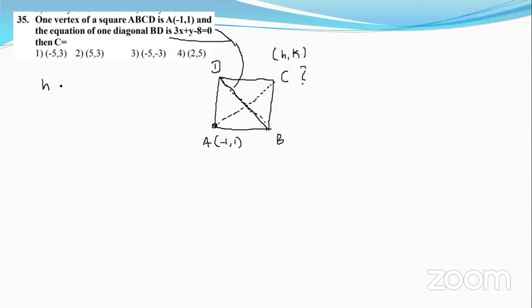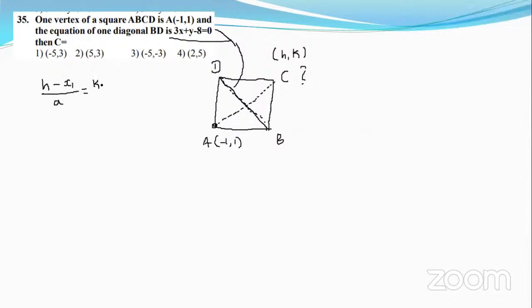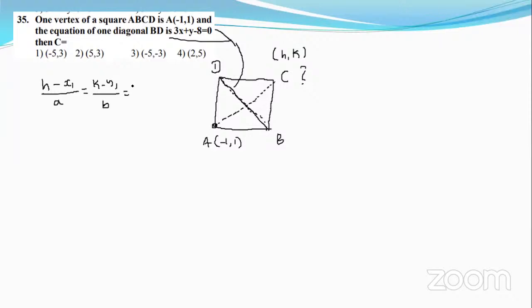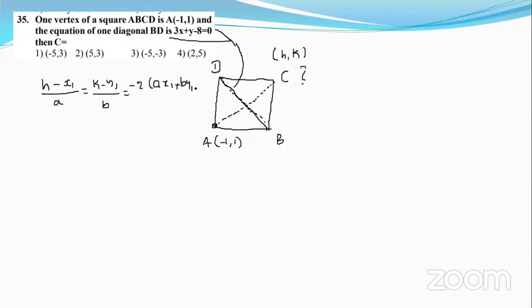That is (h minus x1) over a is equal to (k minus y1) over b, equals negative 2 times (a x1 plus b y1 plus c) by a square plus b square. If it is the foot of the perpendicular, the 2 is not there.